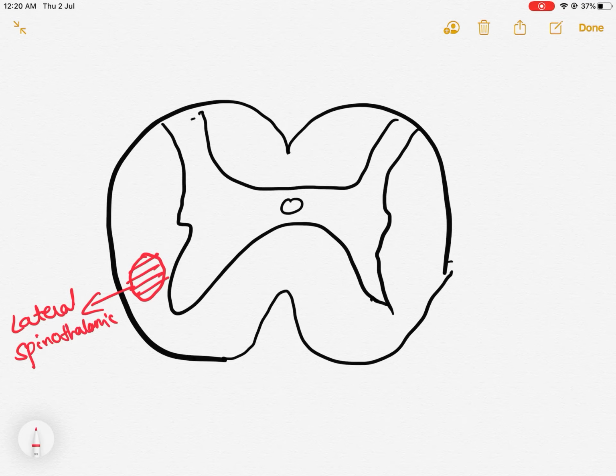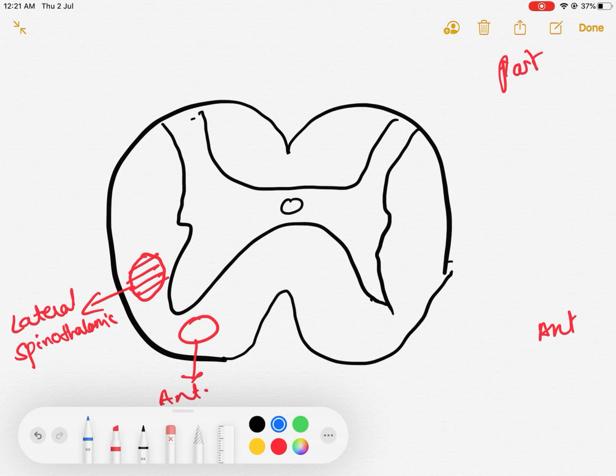It is lateral to the anterior horn cells. Okay, this is anterior, this is posterior. So the next tract is the anterior spinothalamic. Both these tracts, as we all know, carry pain and temperature. Lateral spinothalamic tract is mainly for pain and temperature.